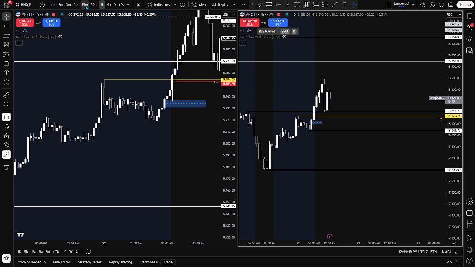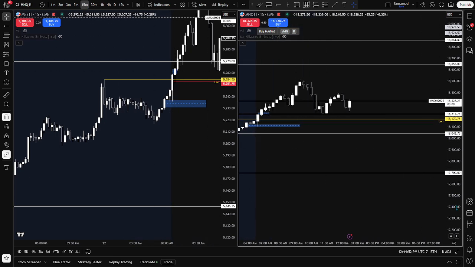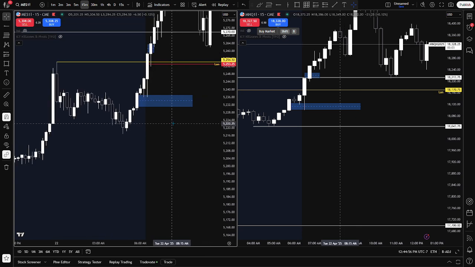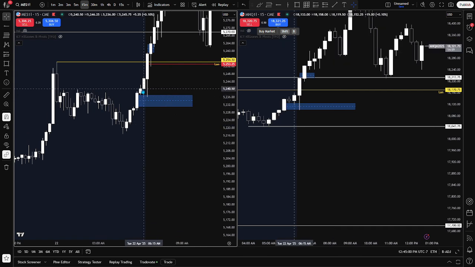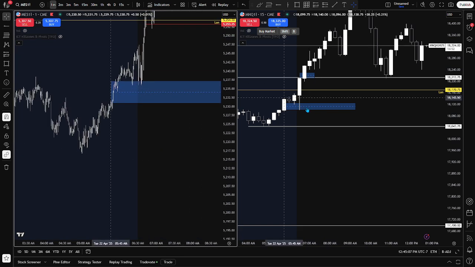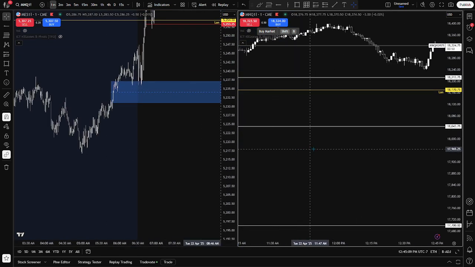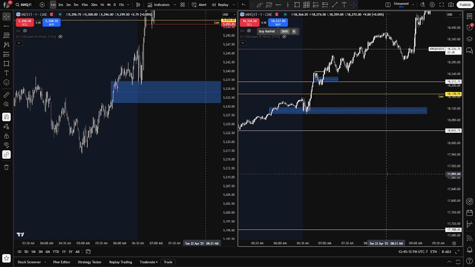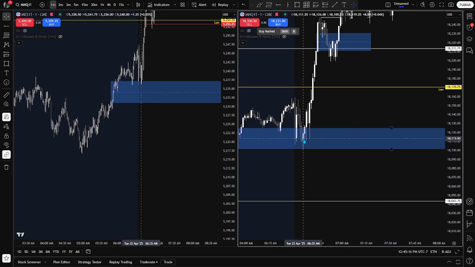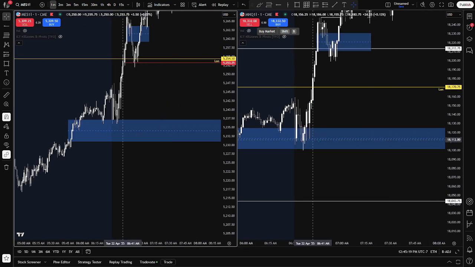So this morning, this would have been the trade. 15-minute fair value gap right here. We open and instantly respect it and put in an SMT, an SMT with a change in the state.